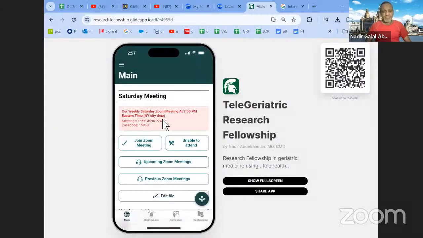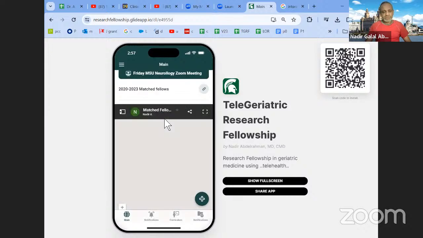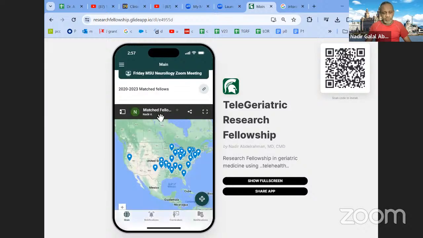So again, if you go to the app that we share with you, if you go all the way down, you will have this map. It's a Google-based map, so you can edit that.